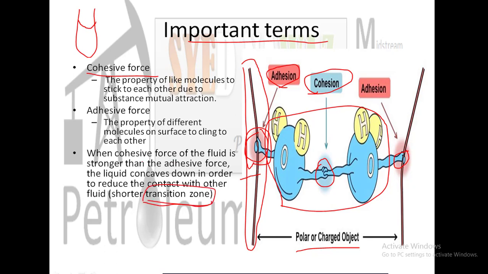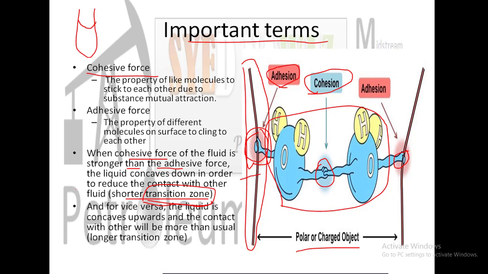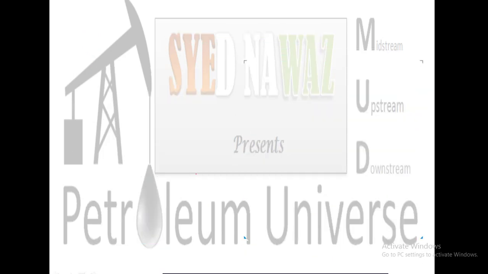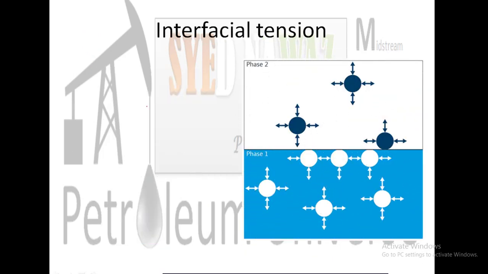So if the cohesive force is stronger than the adhesive force, then that will have a shorter transition zone, and vice versa, if the adhesive force is stronger than the cohesive force, then you will have a longer transition zone. Okay, so I hope you understood this. Then after this we'll see the next slide.